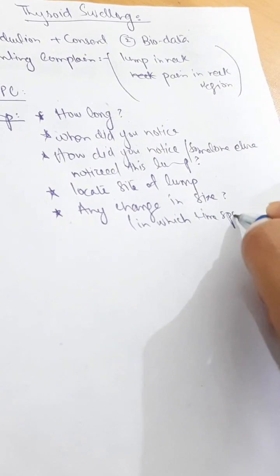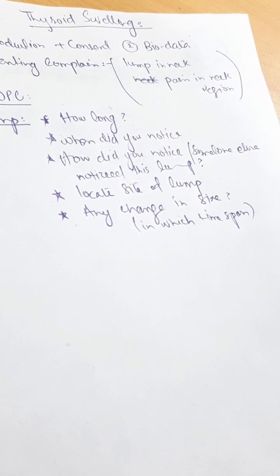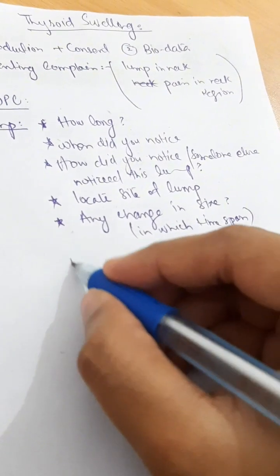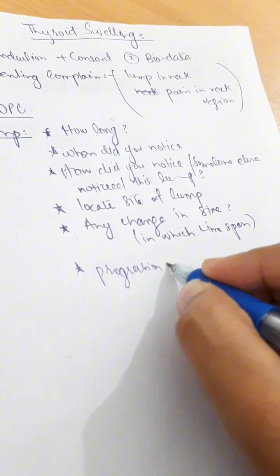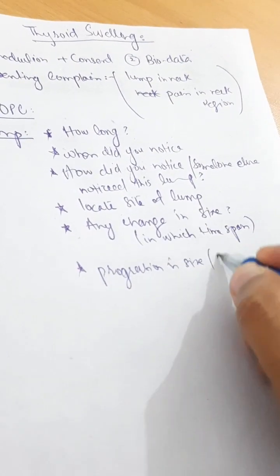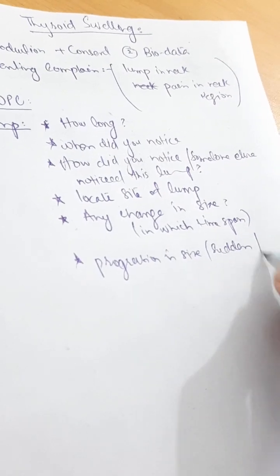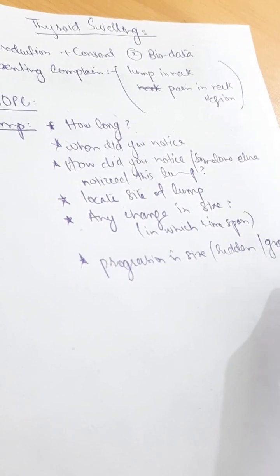So this is very important. Ask about the progression in size. Was it sudden or gradual in onset?